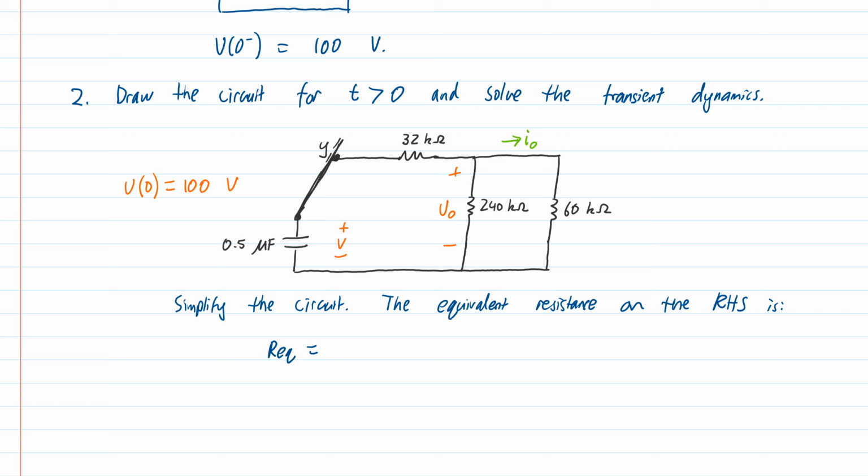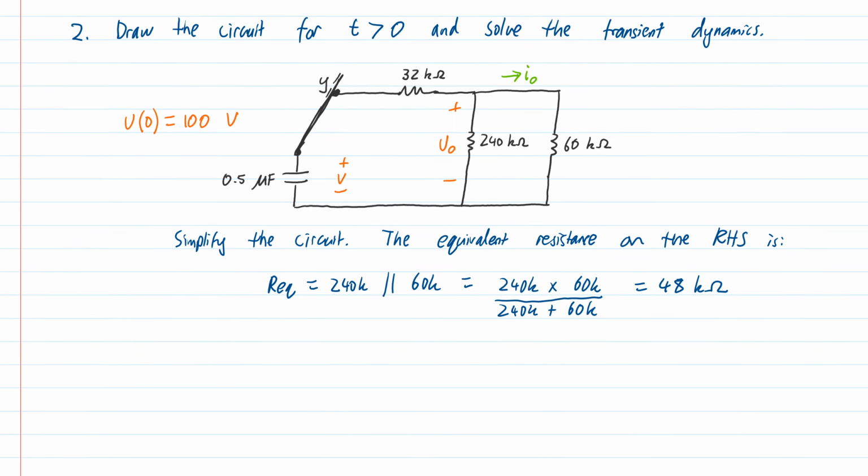This R equivalent is 240 kilo ohms in parallel with 60 kilo ohms, which is the product, 240k times 60k, divided by the sum, 240k plus 60k. I'll just quickly calculate that. Bear with me, 240 times 60 divided by 240 plus 60. It's 48 kilo ohms.